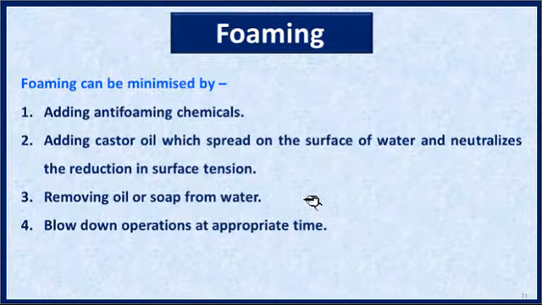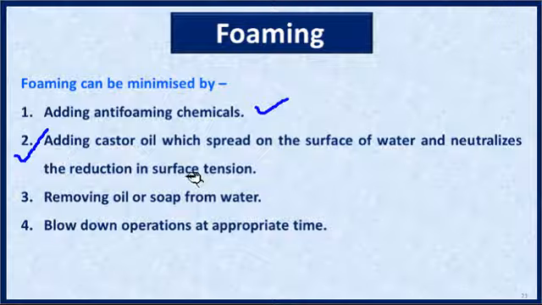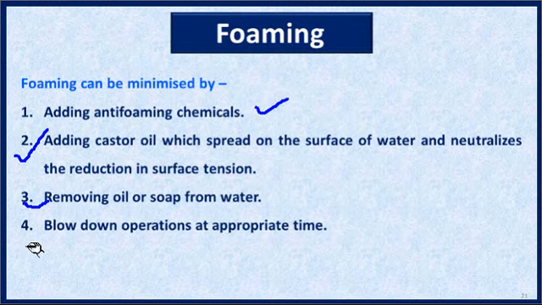Now, how can we minimize foaming? First, by adding anti-foaming chemicals to the boiler feed water. Second, addition of castor oil, which is spread on the surface of water and neutralizes the reduction in the surface tension. Third, removing oil or soap from the water. Fourth, blowdown operations should be done at appropriate timing.